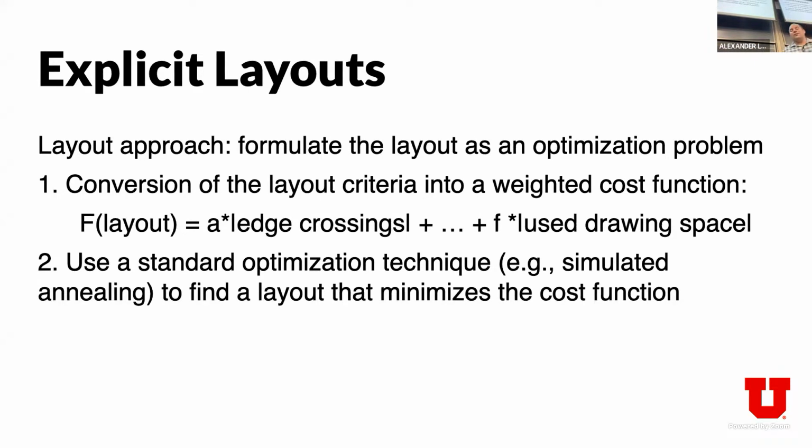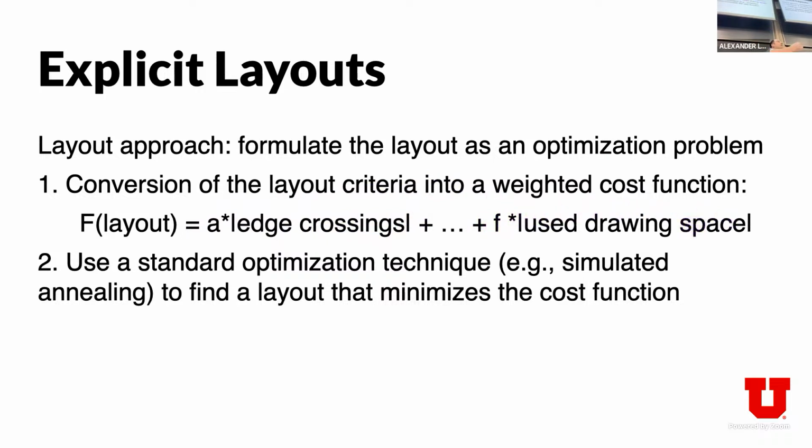When we want to create these layouts, we can write this down as a mathematical optimization problem. We can convert the layout criteria into a weighted cost function f, where we have some weight, like a, then the number of edge crossings is the first criterion. And then we have our parameter, like our weight f, and then the used drawing space.